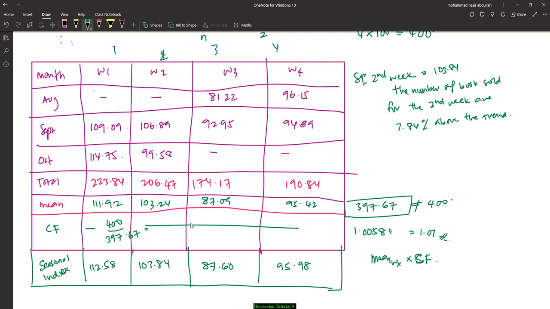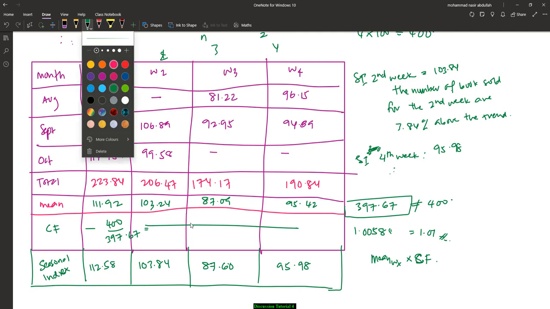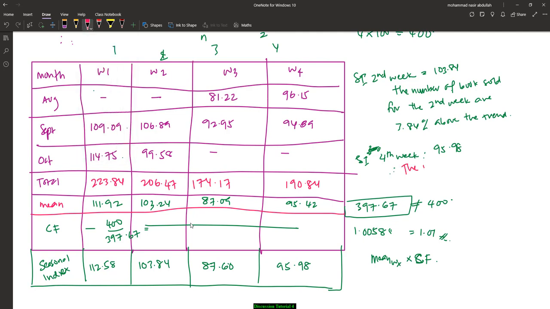And for the fourth week, seasonal index for the fourth week is 95.98, right? So we can say that the number of book sold for the fourth week is apa?